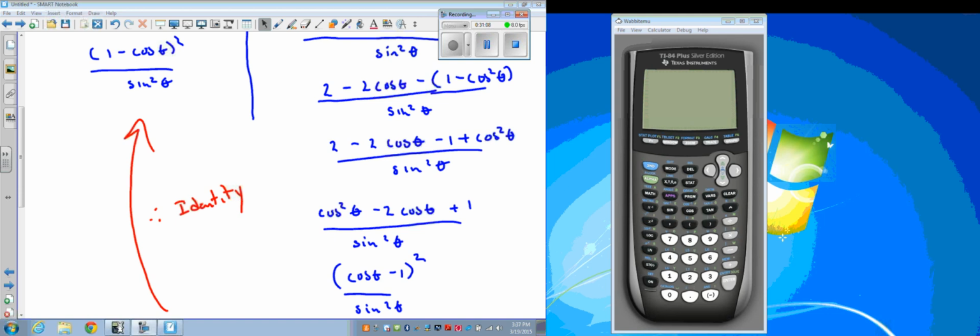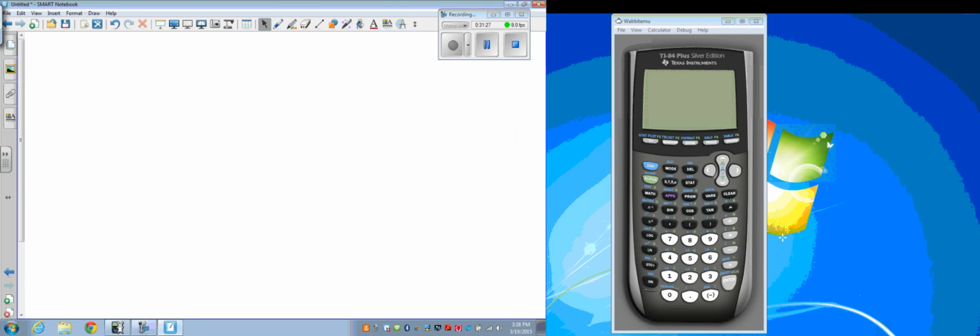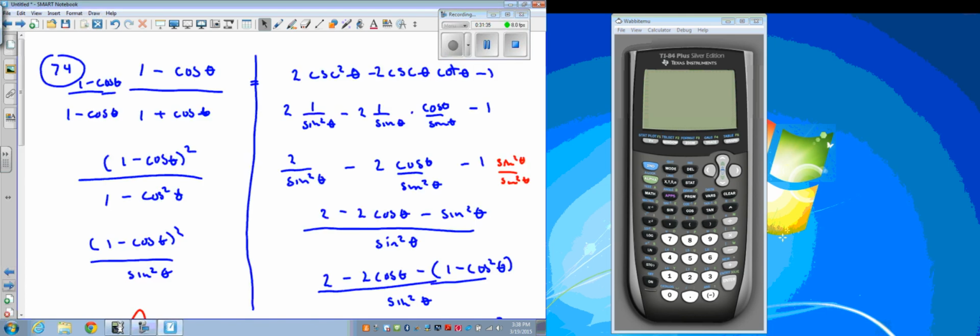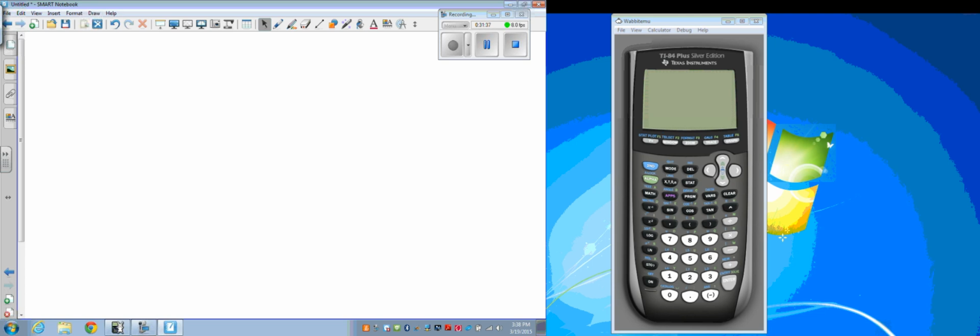Aren't those things on the sheet? 5.3 isn't on that sheet. Oh, it's on 5.4. Okay, it's still recording, so we're okay. So 5.3 is sum and difference for cosine. There are co-functions there, and we've done those before, right?